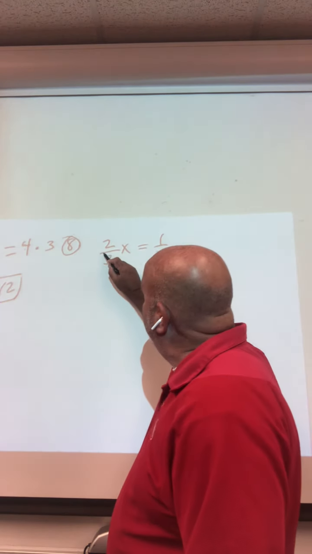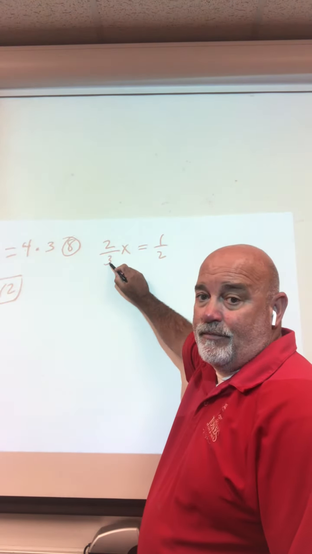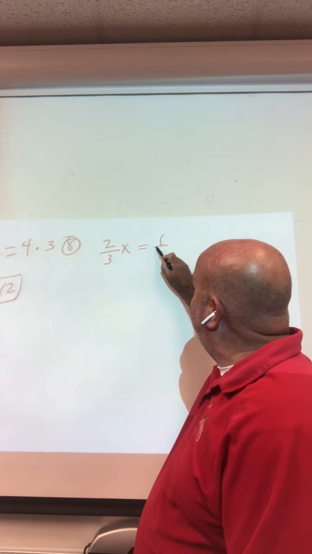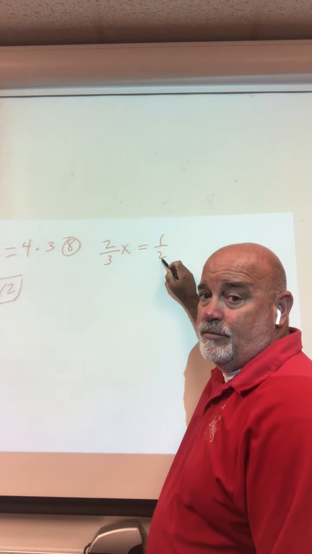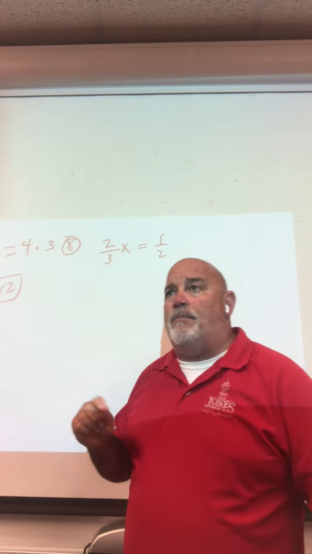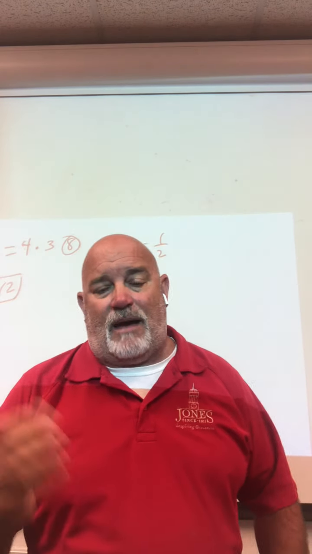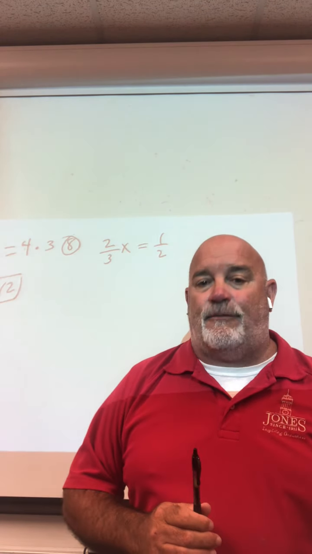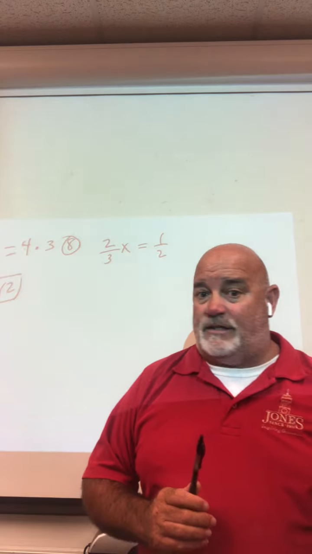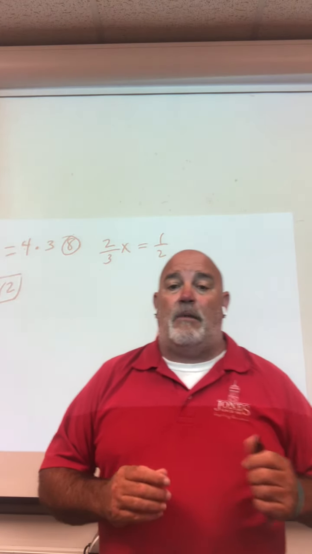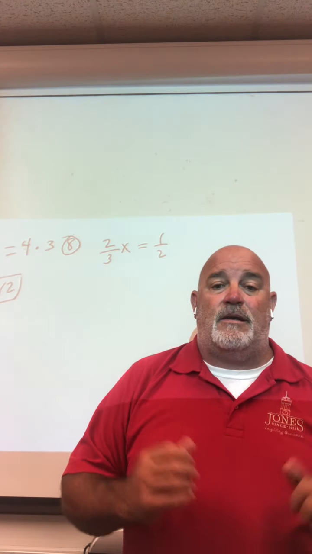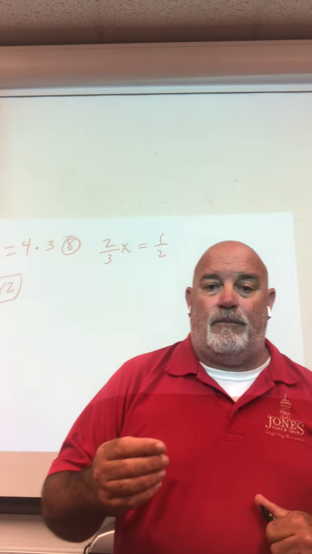Well, I have to get rid of a dividing 3. But I also have to get rid of a dividing 2. Now, question. Would it be okay if I multiply one side by one number and the other side by a different number? No, that's not okay. You have to multiply both sides by the same number.